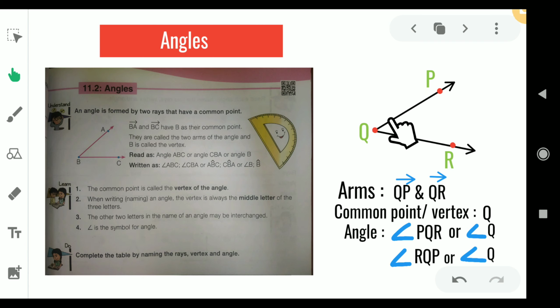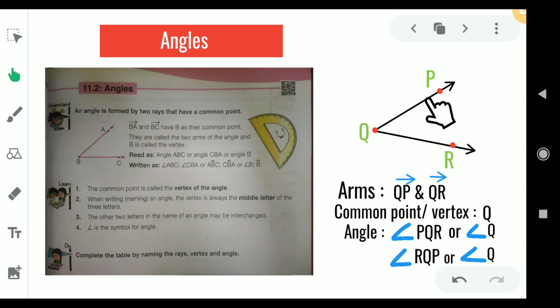That is why QP and QR are the arms of this angle. Then where is the common point? As I said, the common point is the point where one ray and another ray meet. So right now the common point, or vertex, is Q.